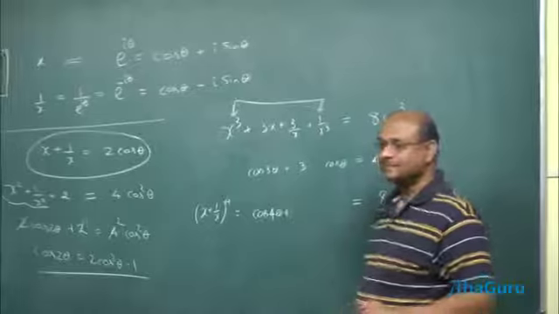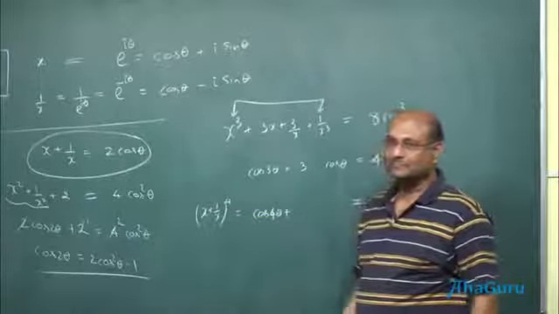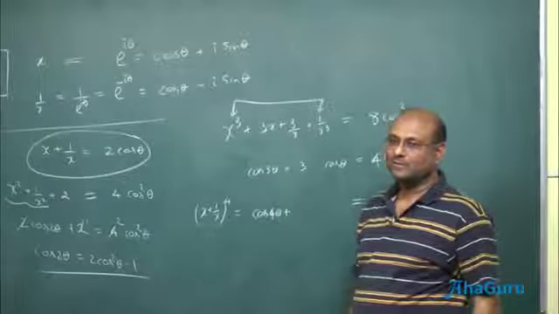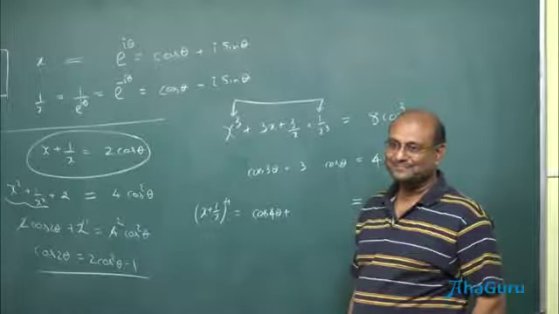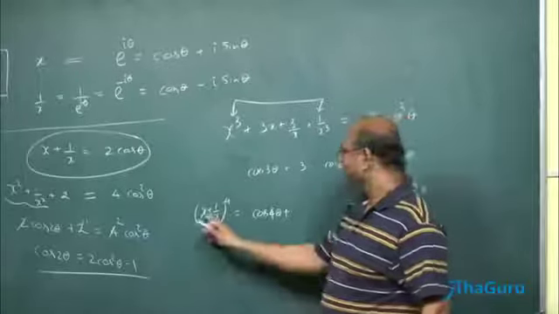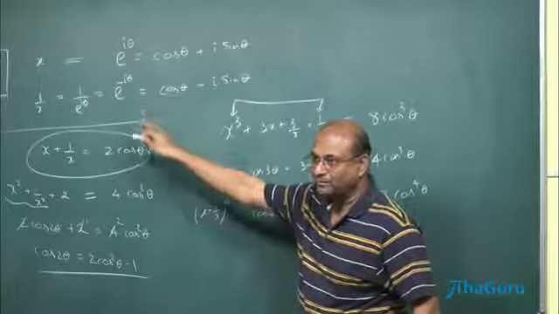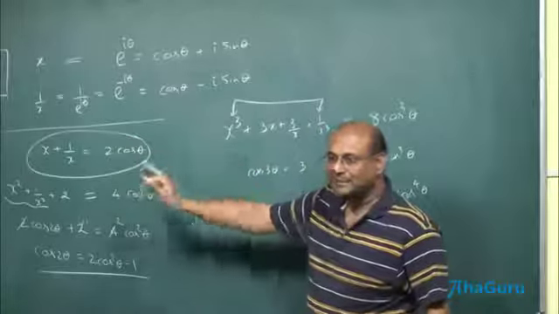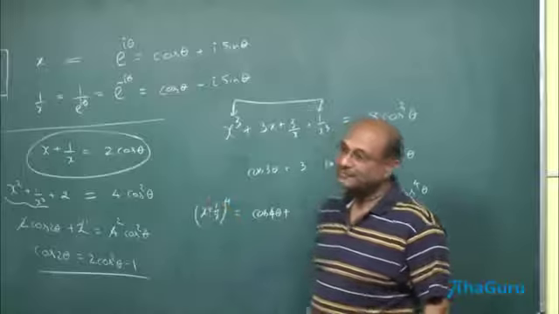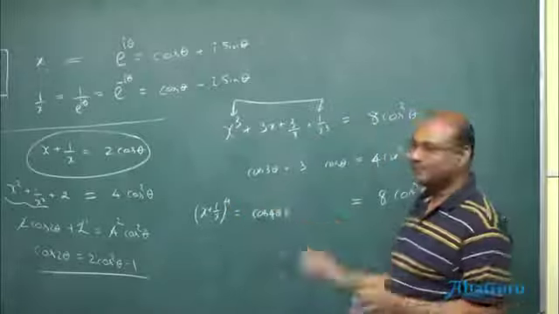So plus, we have taken the last 2 terms. How many terms will you get in this expansion? You will get 5 terms. Remember, x plus 1 by x, 2 terms; power 2 will end up with 3 terms; power 3 will end up with 4 terms; power 4 will end up with 5 terms.